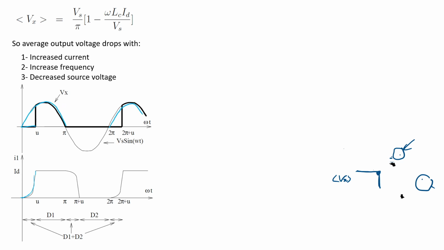So between the black one and the blue one, which one has the higher average value? Compare the solid black and the blue that I just drew here. Which one has the higher average value?